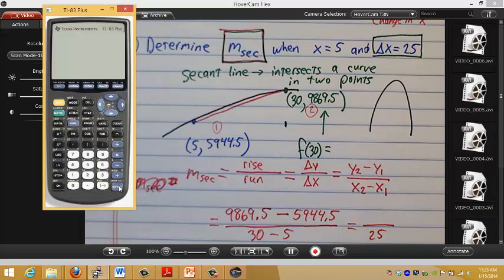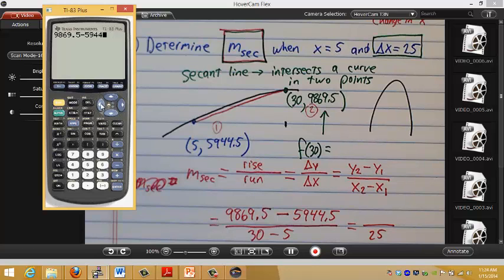Now what about that numerator? Well, that numerator, I need the calculator, or I need a student to actually help me. Thanks a lot, guys. You're going to make me punch. You guys are nuts. All right, 9869.5 minus 5944.5.